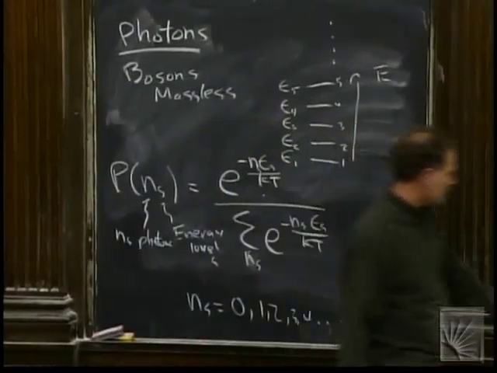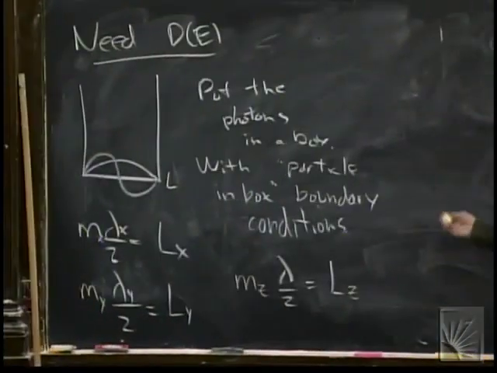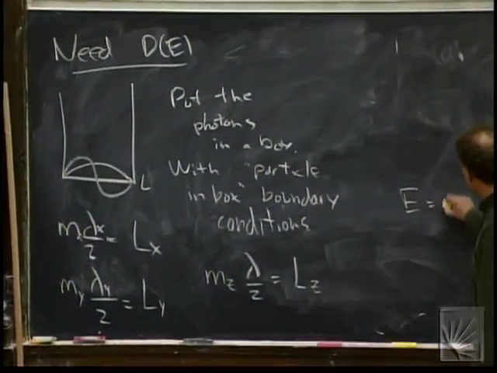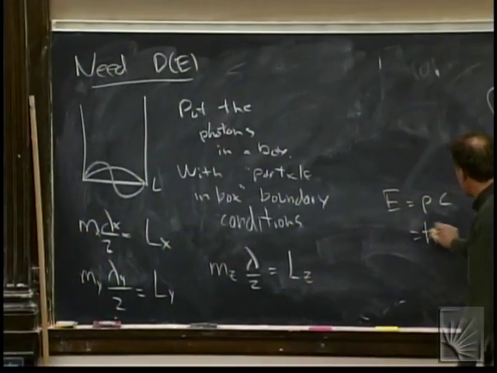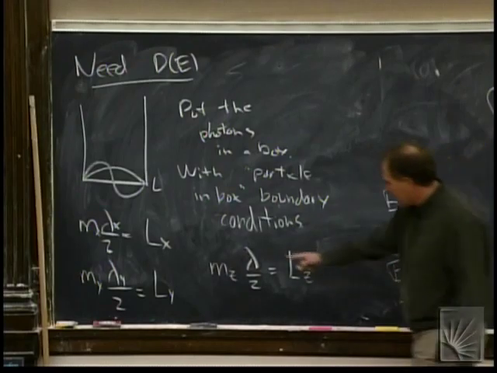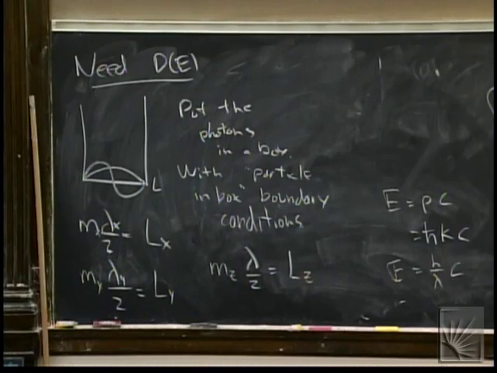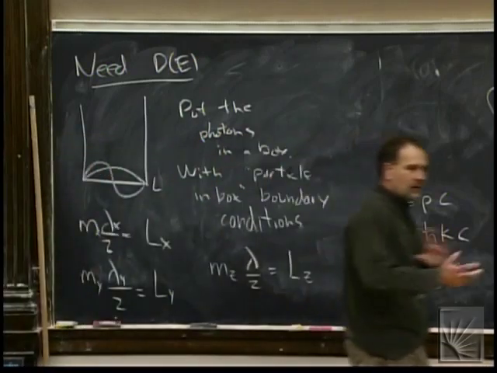Because if I quantize the wavelength, remember, the energy is equal to Pc, which is h bar kc, which is h over lambda c, okay? So if I'm saying that the wavelength has these quantized states, I've said the energies have these quantized states, and I've sort of given meaning to this calculation by arbitrarily introducing this box that the photons are in.